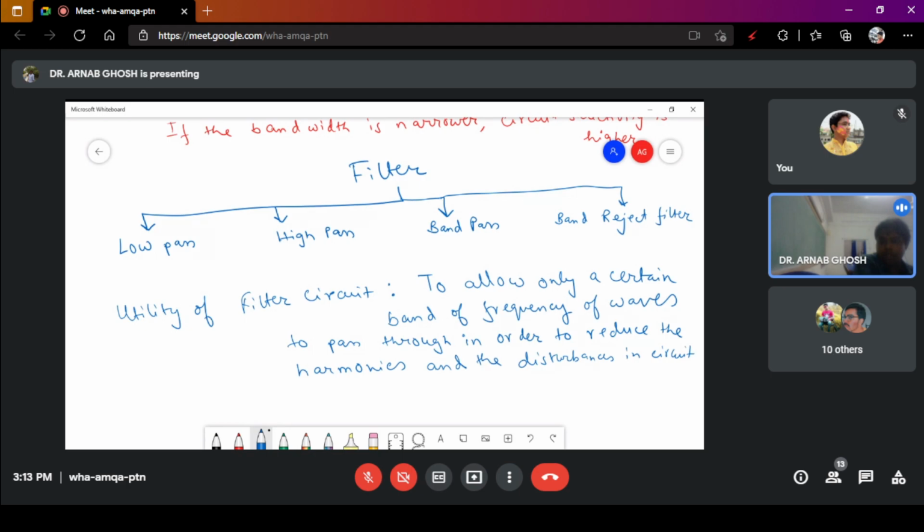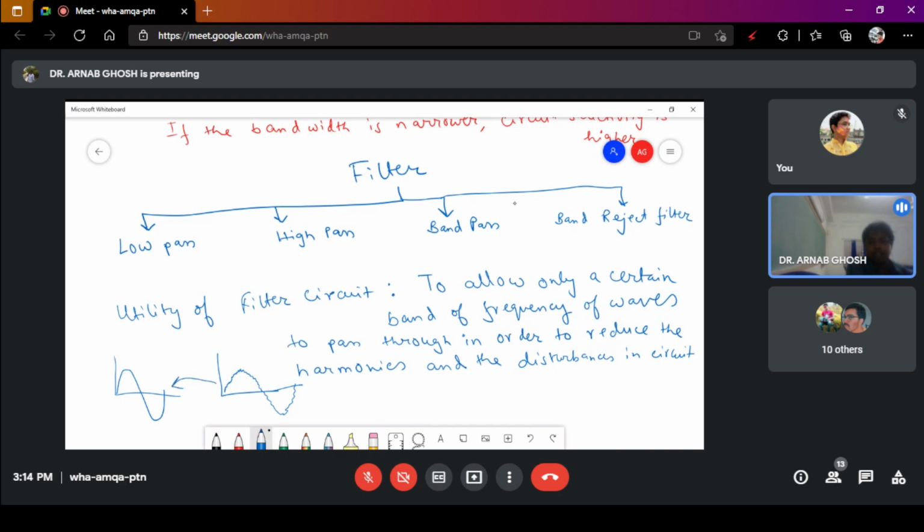So what is a filter circuit? Say your waveform is a sine waveform. Now let's say due to some external disturbances or harmonics, your waveform gets distorted like this. So what will the filter circuit be doing? This will smooth the curve.